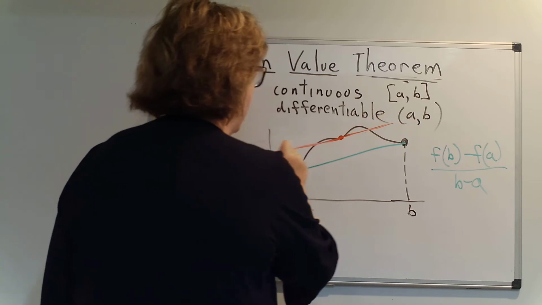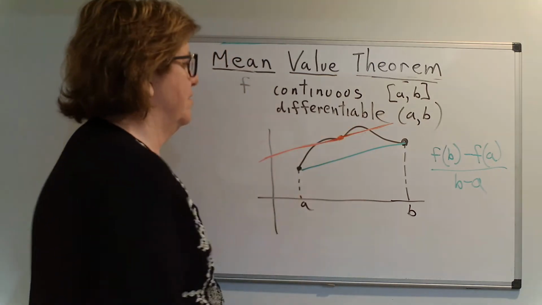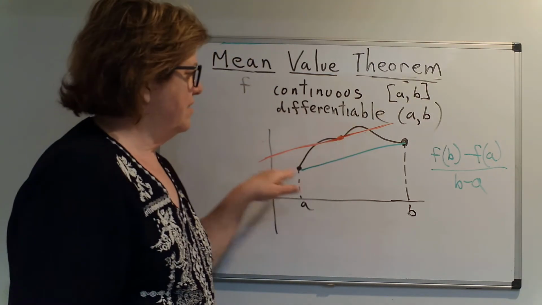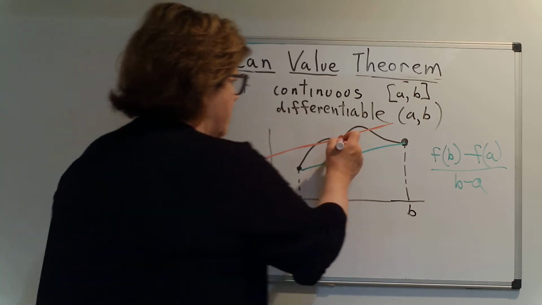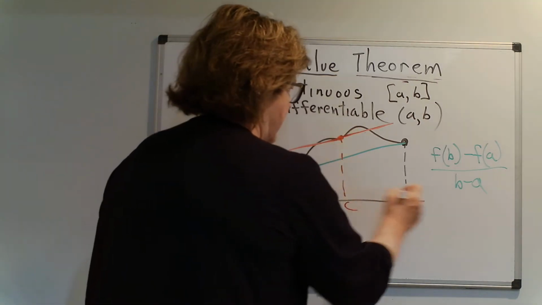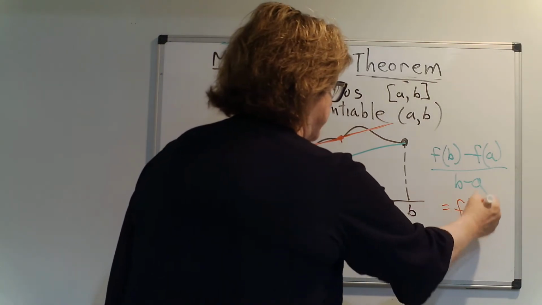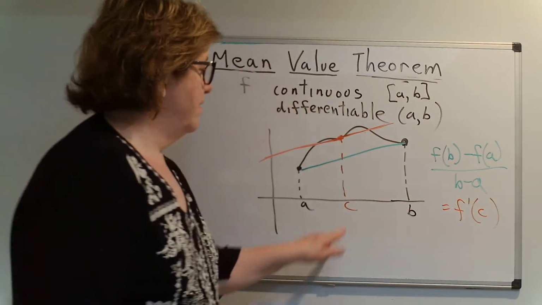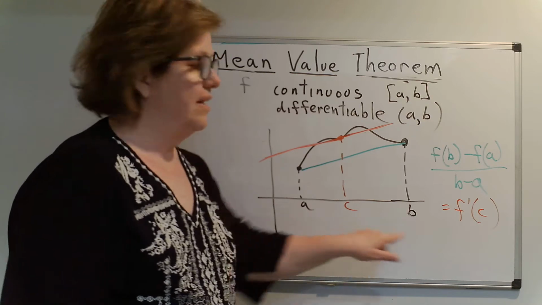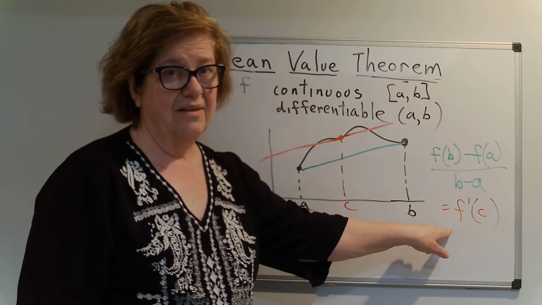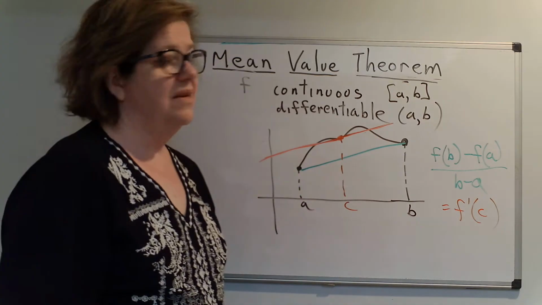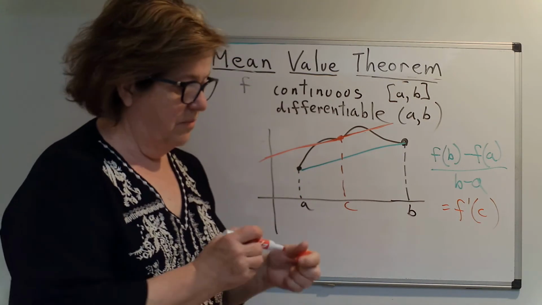If I draw a tangent line right there on the curve, it looks like that slope is the same as the slope of the secant line. So in other words, we're saying that there's a C inside A and B where the slope of the tangent line is the same as the slope of the secant line. That's the mean value theorem.